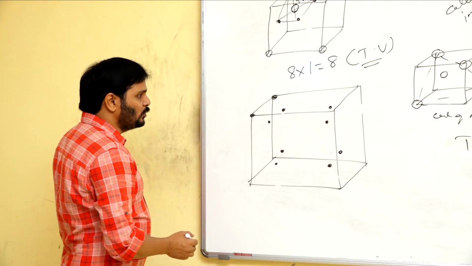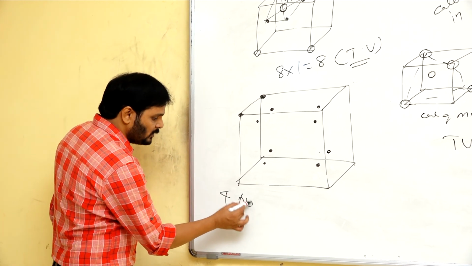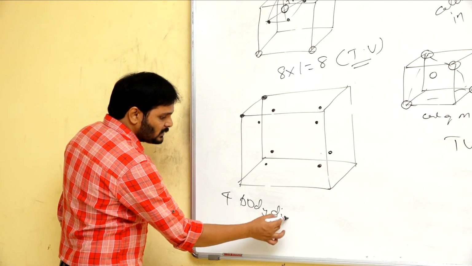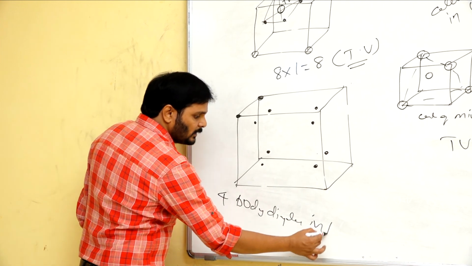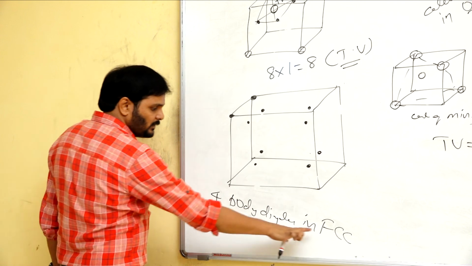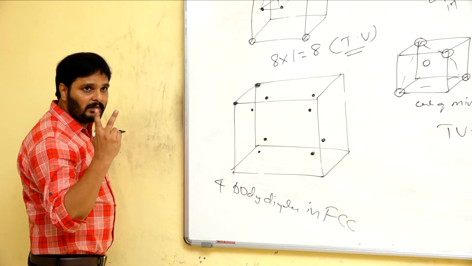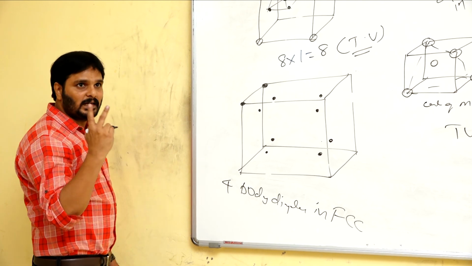You have 4 body diagonals in FCC. So each body diagonal has 2 tetrahedral voids.